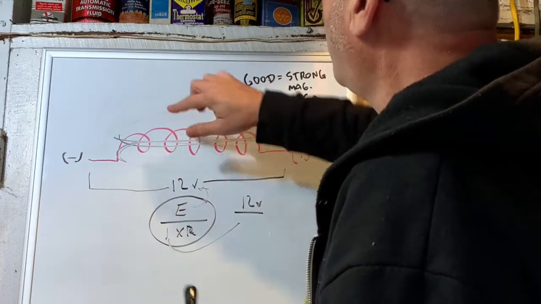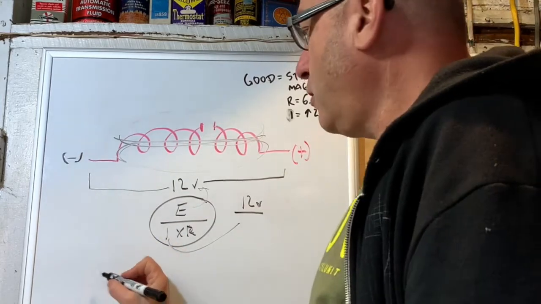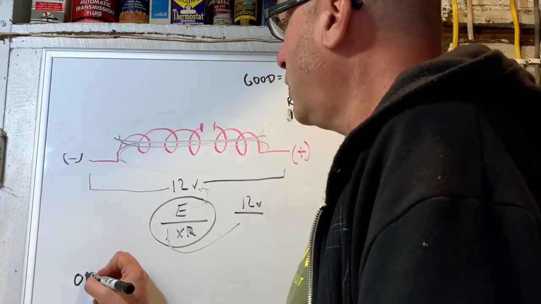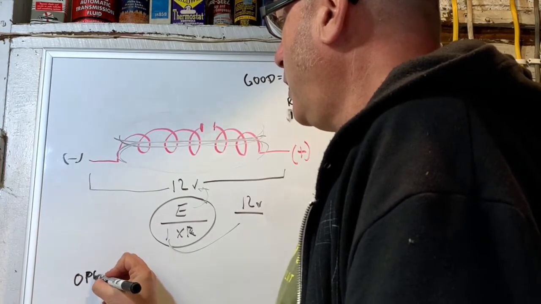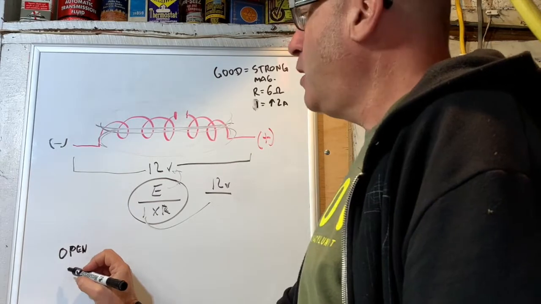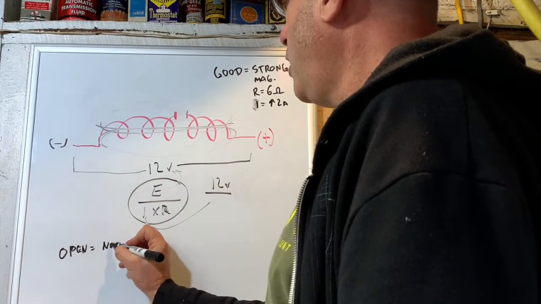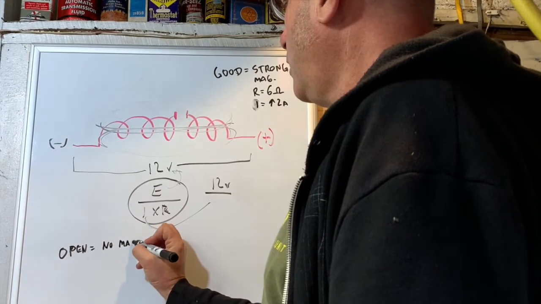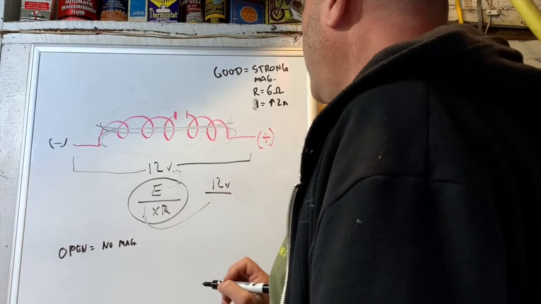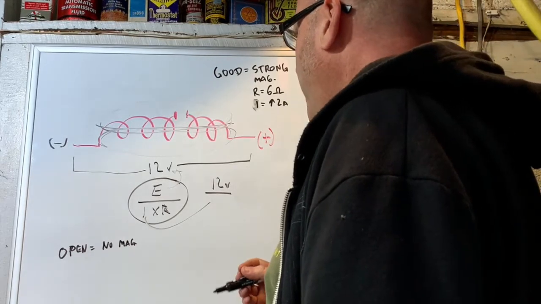All right, so with that open, I'll start writing down here an open, O-P-E-N, and gosh, this is hard to draw on the side. An open circuit equals no magnetic field.